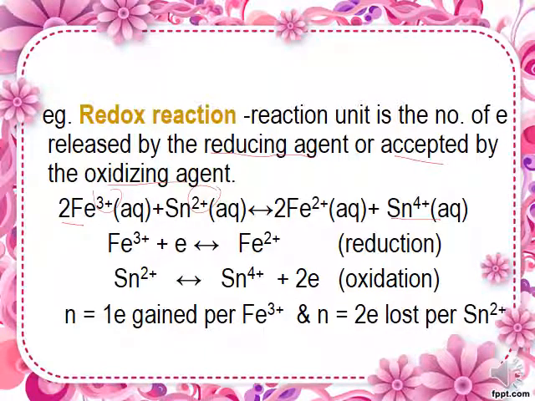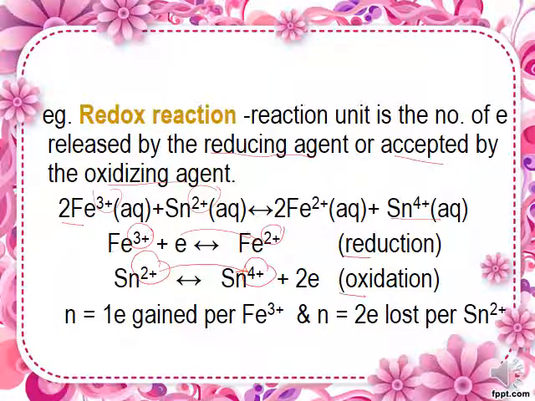Okay, so iron 3 plus undergoes reduction because 3 plus is reduced to 2 plus, whereas tin undergoes oxidation because its charge increases by 2, from 2 plus to 4 plus. So tin undergoes oxidation, iron undergoes reduction.